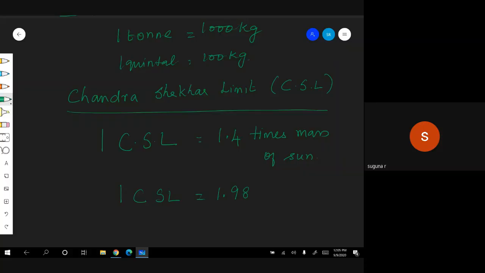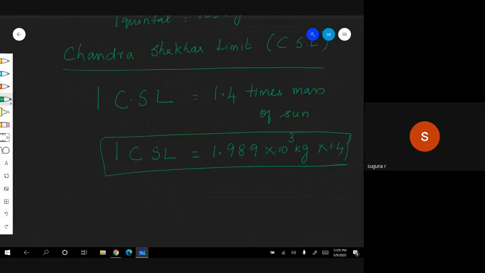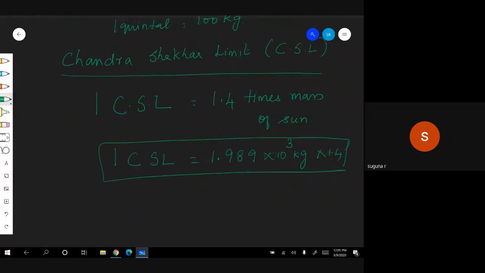Exactly, it is 1.989 into 10 power 30 kilogram, the mass of the sun. Into 1.4, that gives you 1 CSL.